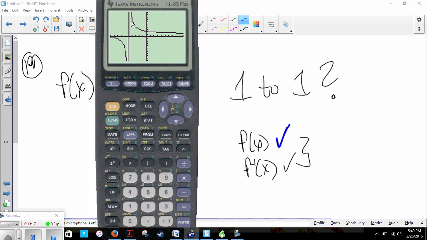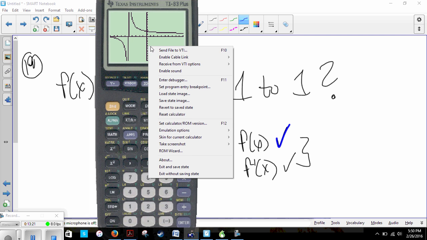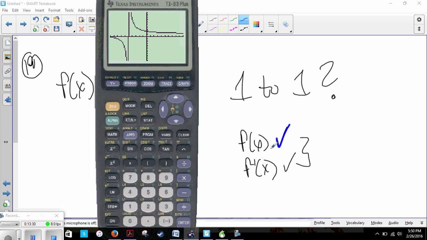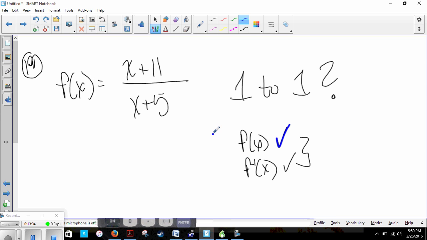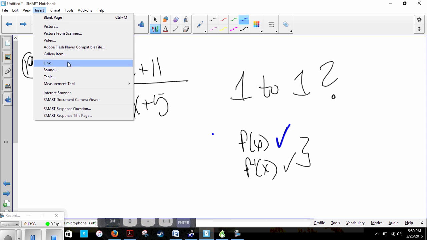So if I were to take my pencil and lay it the other way, let me take a little screenshot so I can move it over and insert it into here.